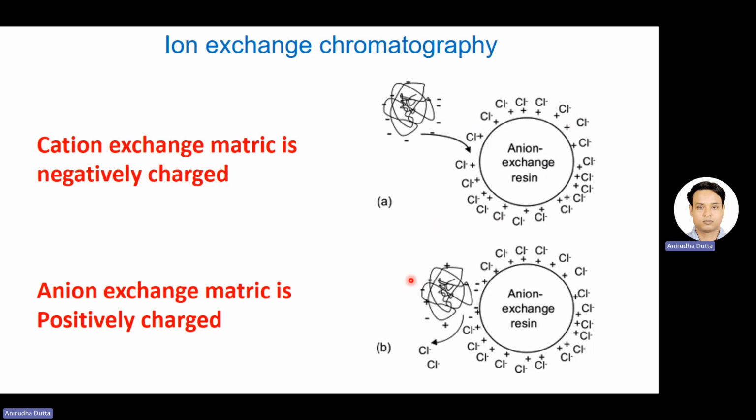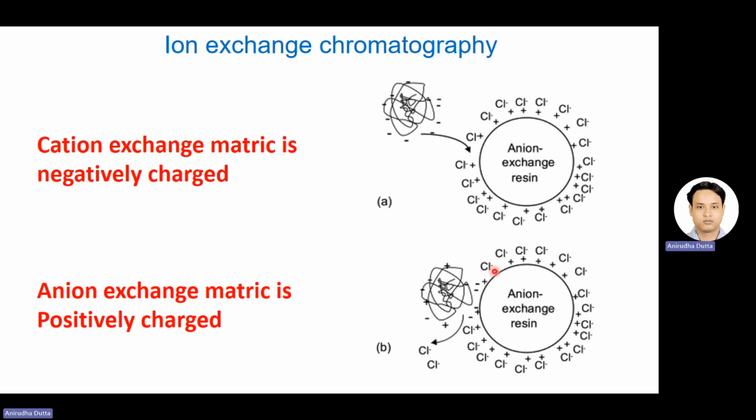So why is it called ion exchange chromatography? The protein which is either positively or negatively charged would exchange the cation or anion from the ion exchange resin.